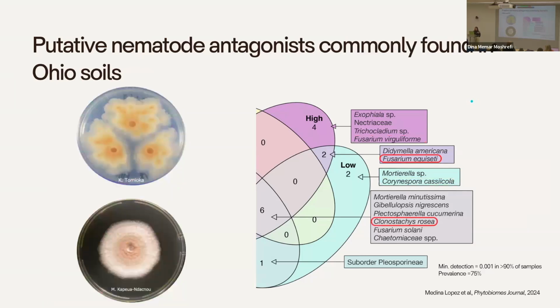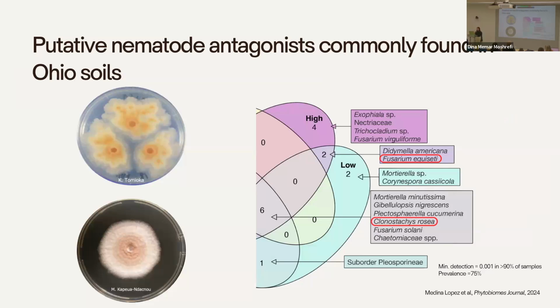On the brighter side of things, we also found some putative nematode antagonists that were common across the soybean fields in Ohio. Both Fusarium equiseti and Clonostachys rosea had been previously identified as antagonists of nematodes.